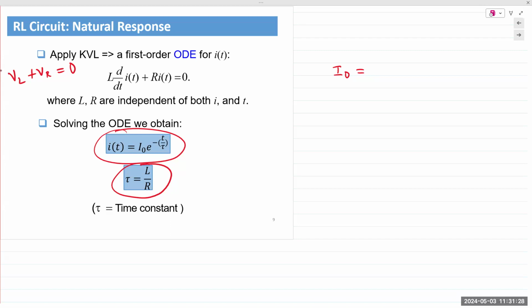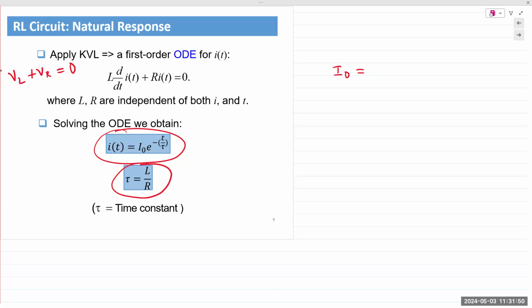It's fixed. So as I said, you have a standard equation. Your job is to simply find the values of the components and plug into this equation. That's it. Tau is the easiest because the values would be given to you. You have, say, a 10 millihenry inductor and a 1000 ohm resistor. Tau is a simple calculation.